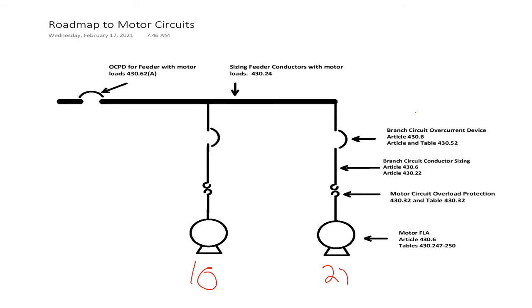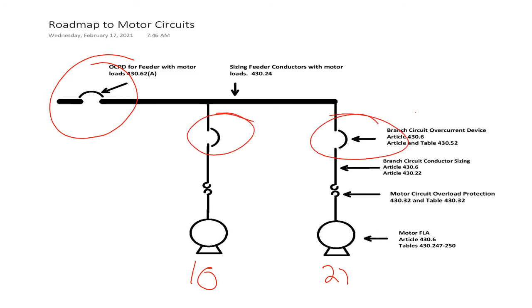So let's say we want to install a circuit breaker right here. That means all of my math for calculating the size of that circuit breaker would be based on if these were circuit breakers as well. That doesn't mean they have to be circuit breakers. That just means that my math has to be based on as if they were circuit breakers.